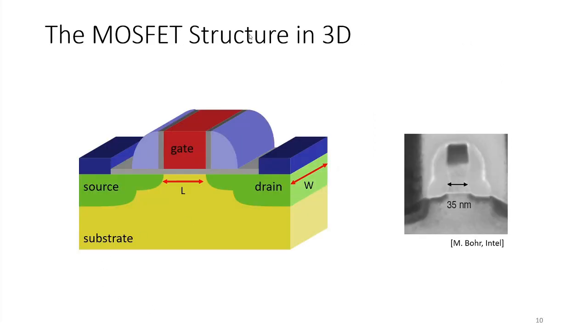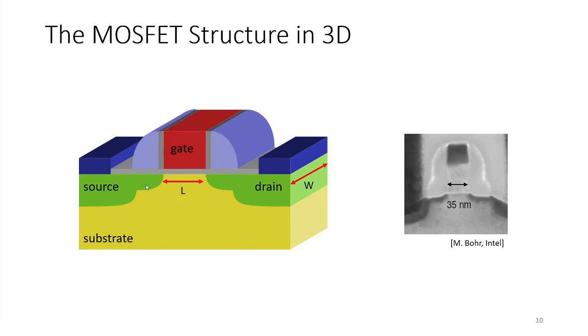So in 3D, this is what it looks like. There's a substrate, the source, the drain, and this is the gate. This is the oxide, and this one and this one are metals, or vias as we call them, just for where the wires are to be connected.